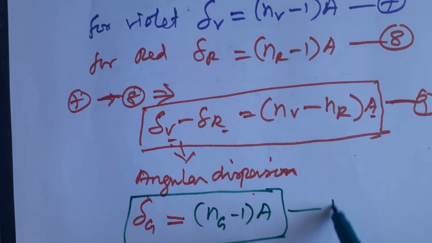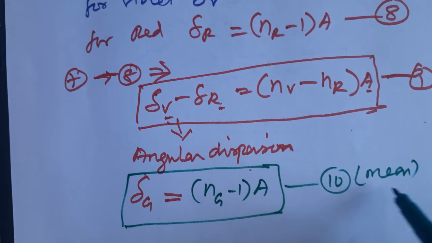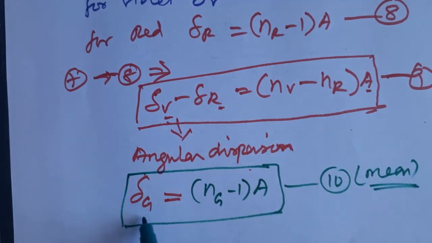This is the mean deviation and mean color. I am choosing green, which lies in between red and violet.